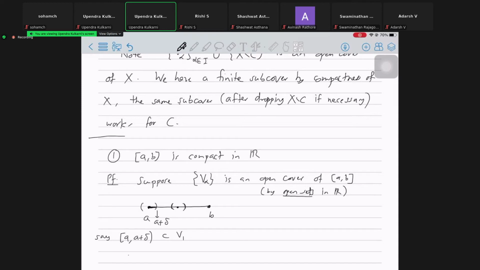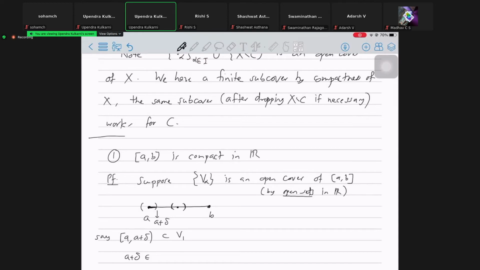Let us say I take A plus delta and I put some open interval around that. So let us say A plus delta will be contained in some open interval.